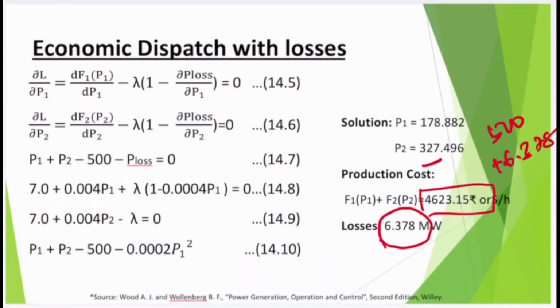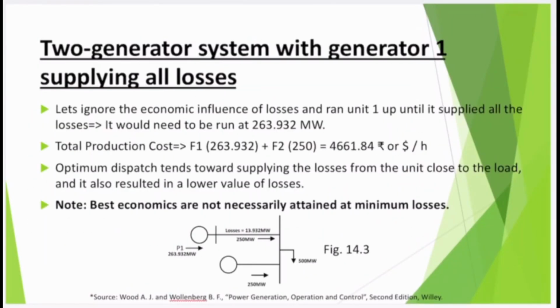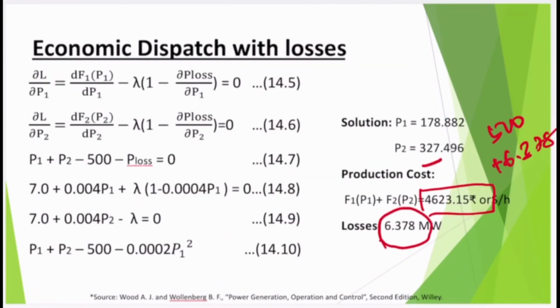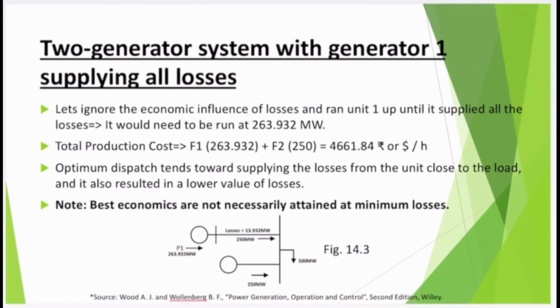Understand, okay? The second generator. The moment I say it can provide only 250, all the remaining generation is transferred to the first unit, which has to cater 263, and we slowly deviate from our optimal point to a suboptimal point, and the cost will increase from 4623 rupees per hour to 4661 rupees per hour.